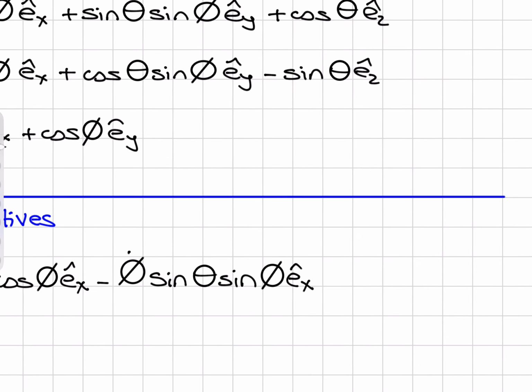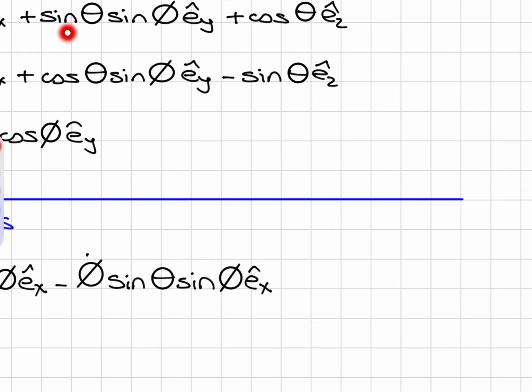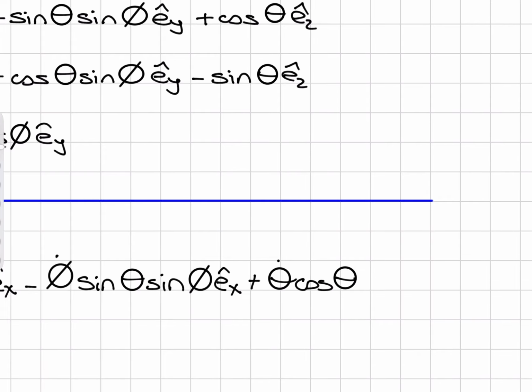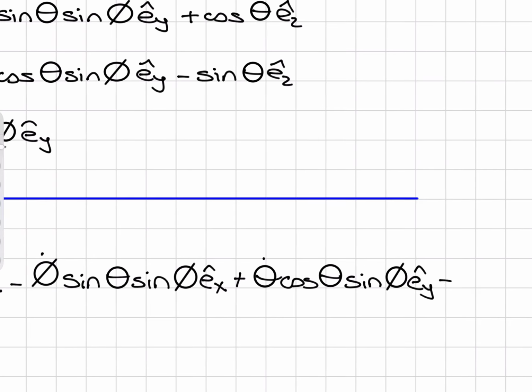Now we can work on the ey hat part. We have sine theta, sine phi. The derivative for theta will give us theta dot cosine theta. So we will have plus theta dot cosine theta, and then we have sine phi in ey hat direction. And as for the phi derivative, we're going to get phi dot cosine phi. So we will have phi dot sine theta cosine phi.